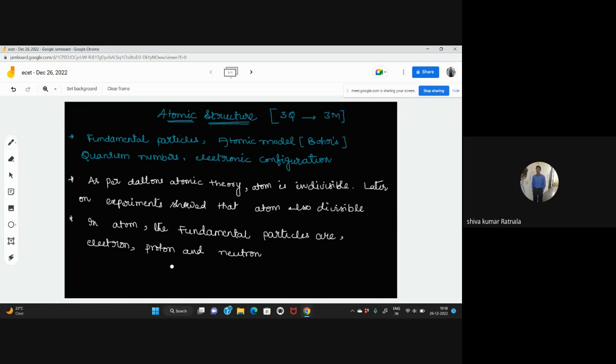Different experiments discovered the electron, proton, and neutron. Those experiments we are not going to discuss, so we are going to discuss simply their charges.